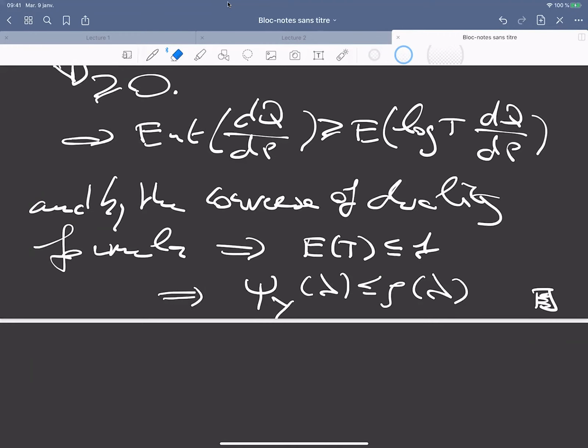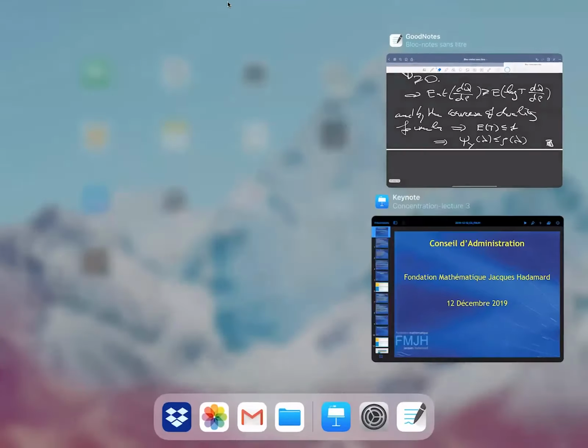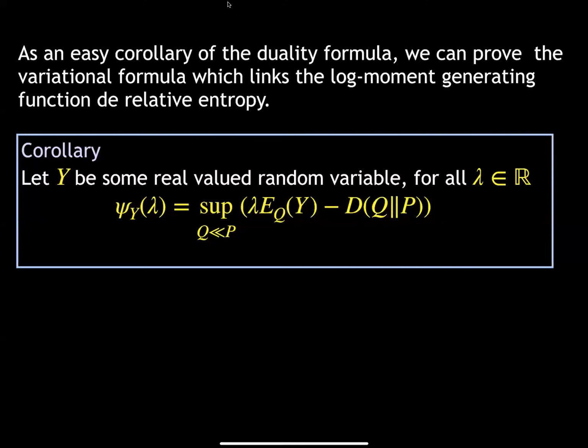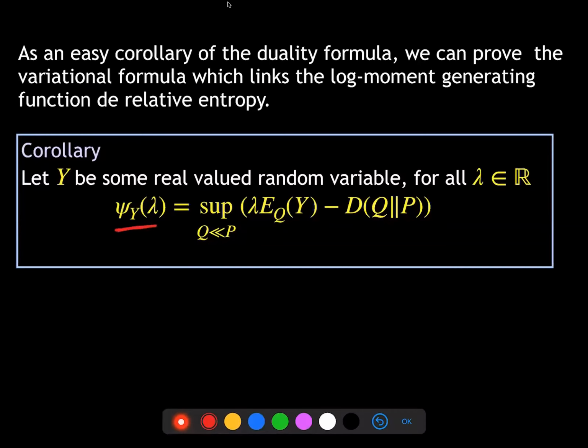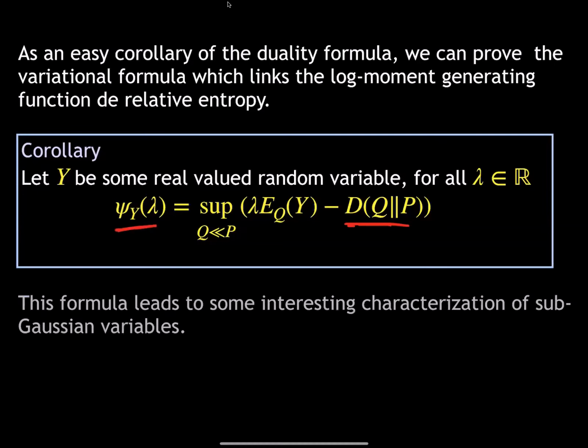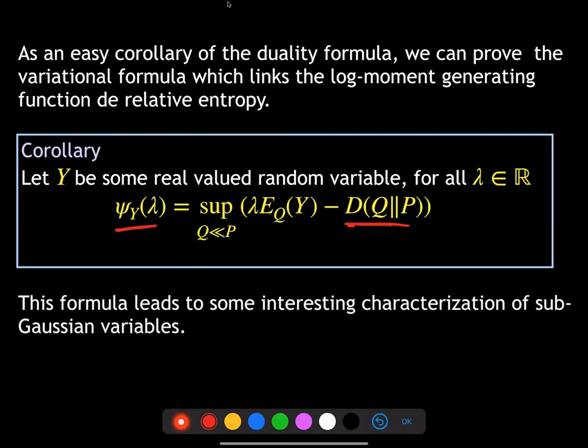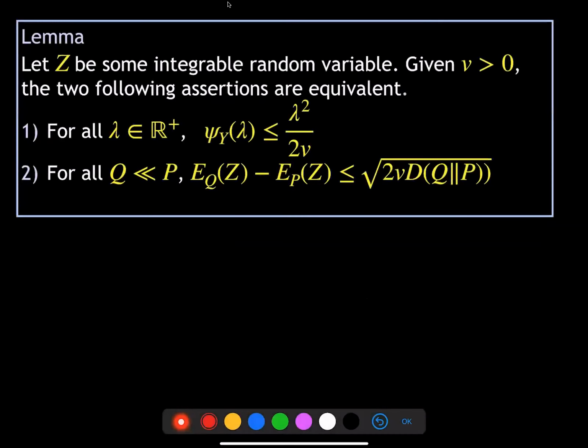So we can go again to the presentation here. And so we have this corollary which links the log of the moment generating function to entropy. And so this is very powerful because this leads us to a characterization of sub-Gaussian variables. And this characterization is just here.